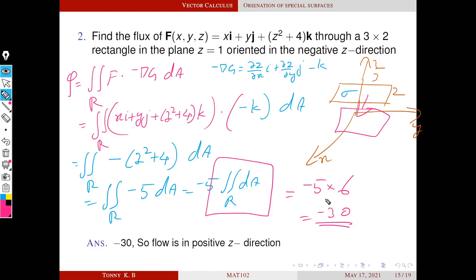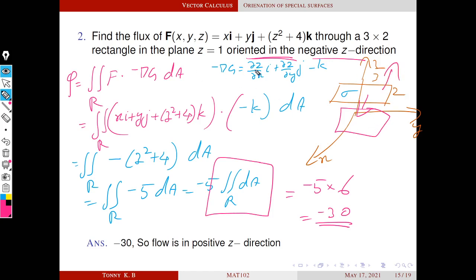Then what is the meaning of this minus 30? Because the flux is minus 30, its sign is negative. So the negative sign indicates that the net flow is opposite to our orientation. Because now we oriented the surface in the downward direction, but the flux is negative. That means the total net flow is in the upward direction. You got the idea?